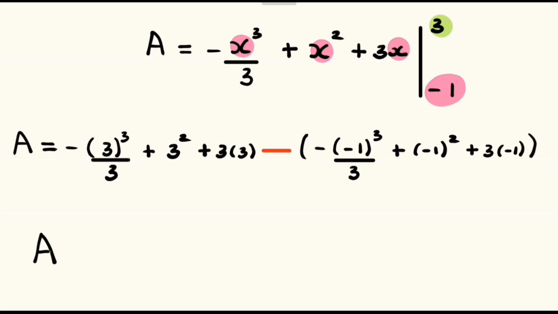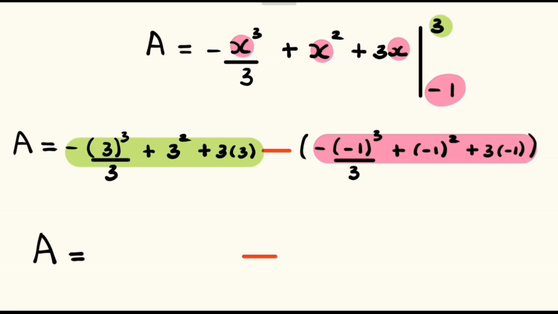Area will be equal, so I suggest that we calculate first this part, then later we calculate that part. So for the part where we substituted 3, we get 9, and for the part where we substituted -1, we get -5 divided by 3.